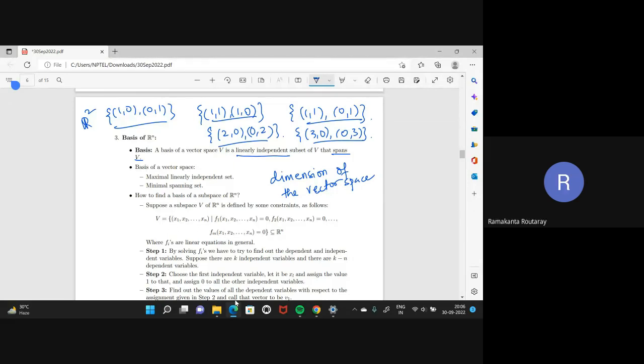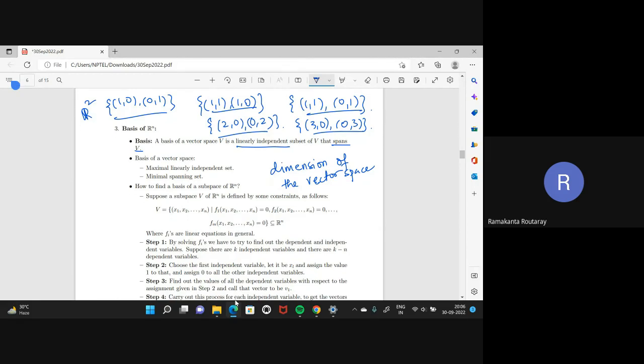And given a spanning set, you can remove vectors and make it linearly independent, and the minimal spanning set will also be the basis. So if you want to retain those vectors, there is only one, not multiple.